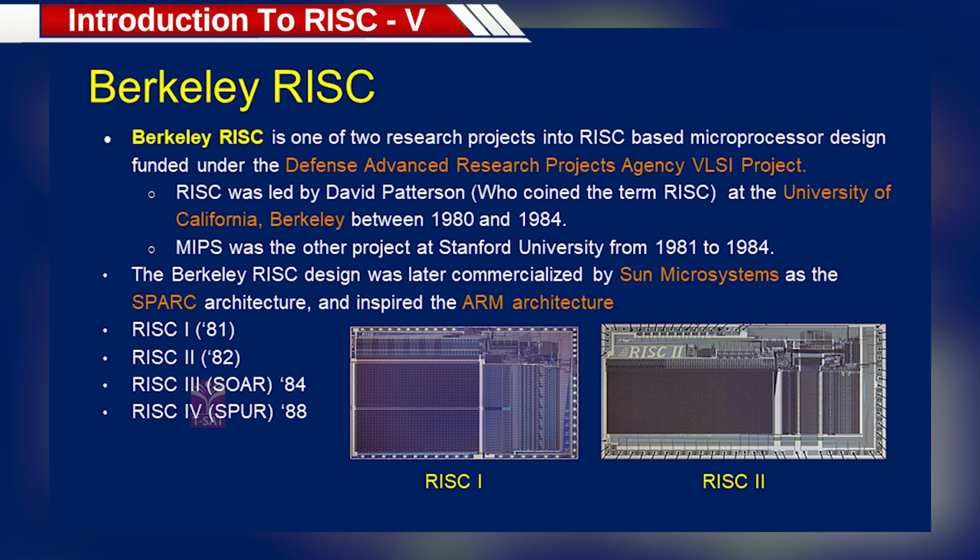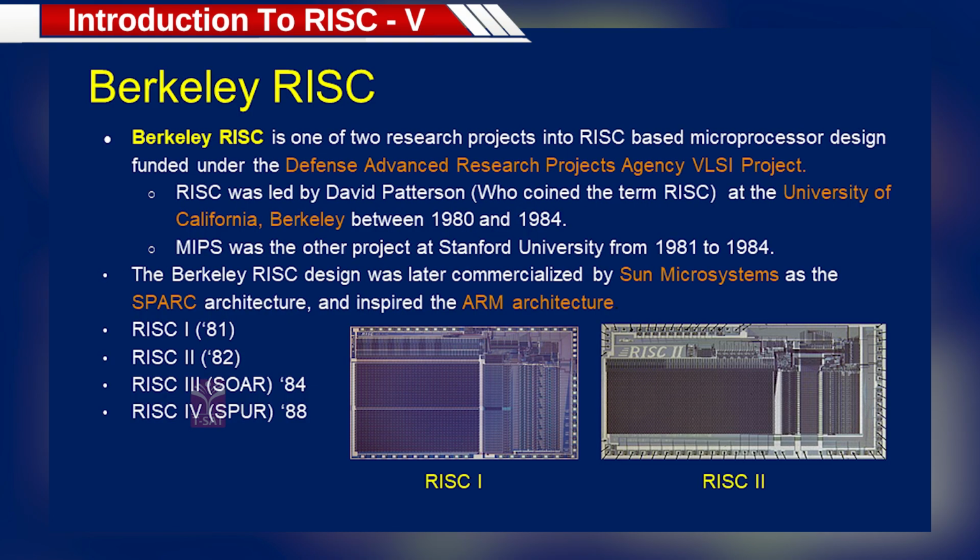When they got the chip back, the very first one, the speedup was not as fast as they had expected. They had theoretical calculations that compared to other architectures, we can run this X faster, but it was not that fast. But whenever you do something, the first attempt may not give you all the results.